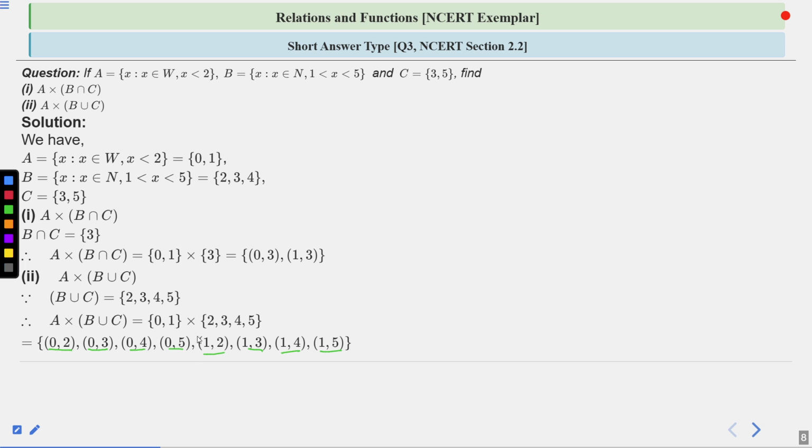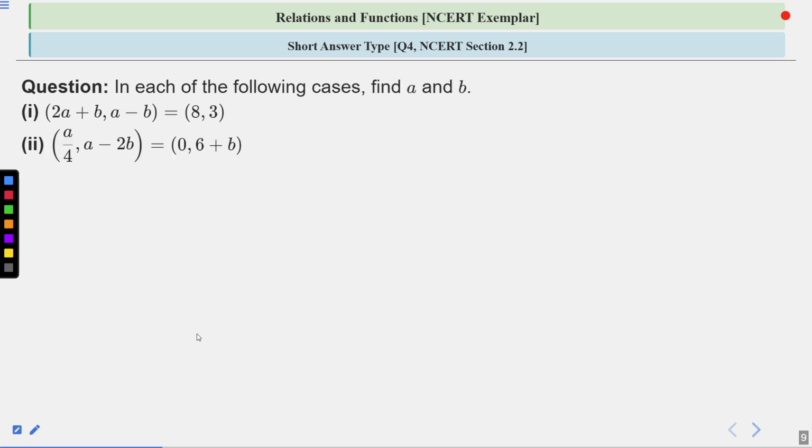Moving to next. In this question, we have to find the values of A and B. We are given that the ordered pair (2A plus B, A minus B) is the same as (8, 3).